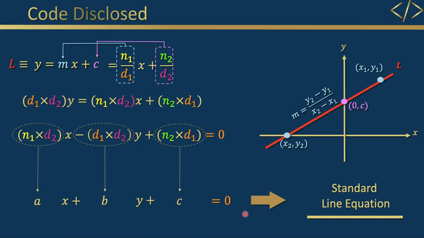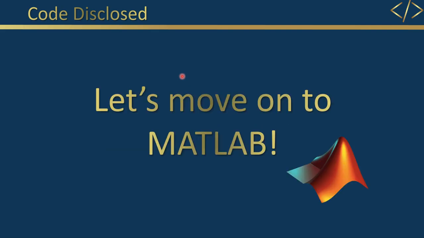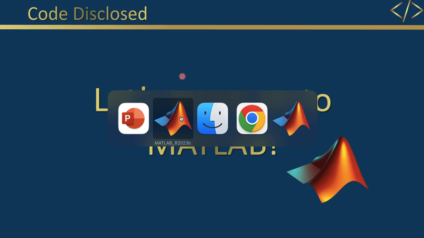Actually, it is the line equation. So we have ax plus by plus c. You can see here that a, b, and c are just the numerators and denominators that we already defined for our slope and the intercept. Alright. The question here is how to code this, how to go from the slope-intercept into the standard line. Let's go to MATLAB to find out.